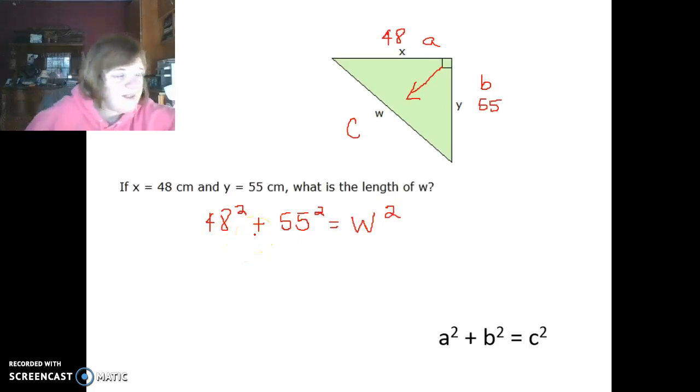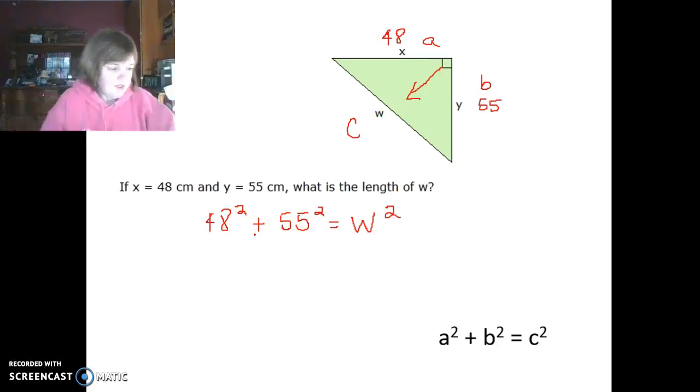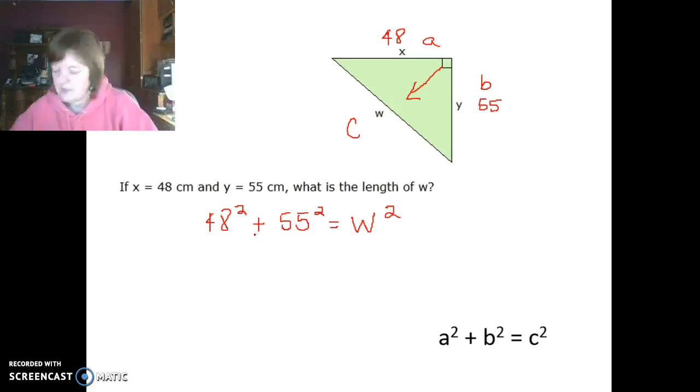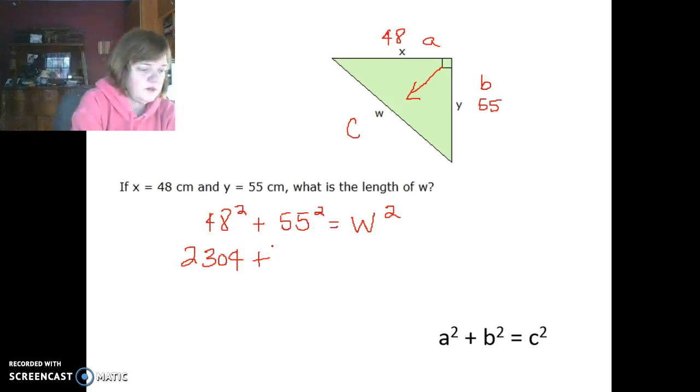Now we get out our handy dandy calculator. Hopefully you've got yours. I'm going to plug in, oops, got to turn it on first. 48 squared. Ooh, that's a big number, 2304. Plus 55 squared.